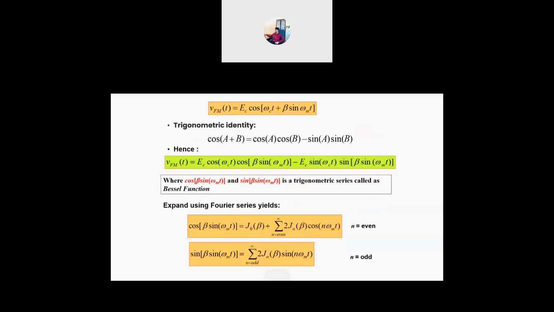So you have vFM(t) equals Ec cos(omega c t plus beta sin omega m t). This one is omega m, this one is omega c.